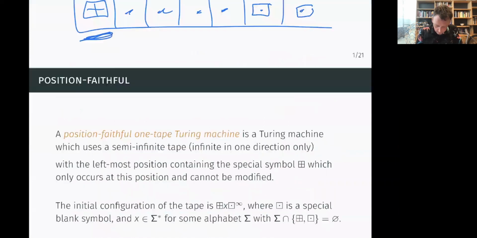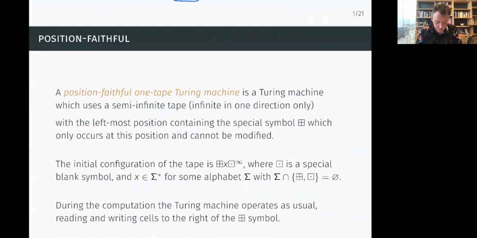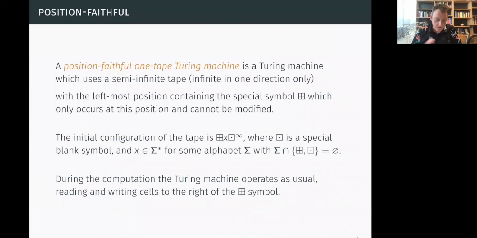So what else have I said here? These are from some alphabet sigma, and that's the initial configuration. So that's the Turing machine model. And during the computation, it operates as usual.